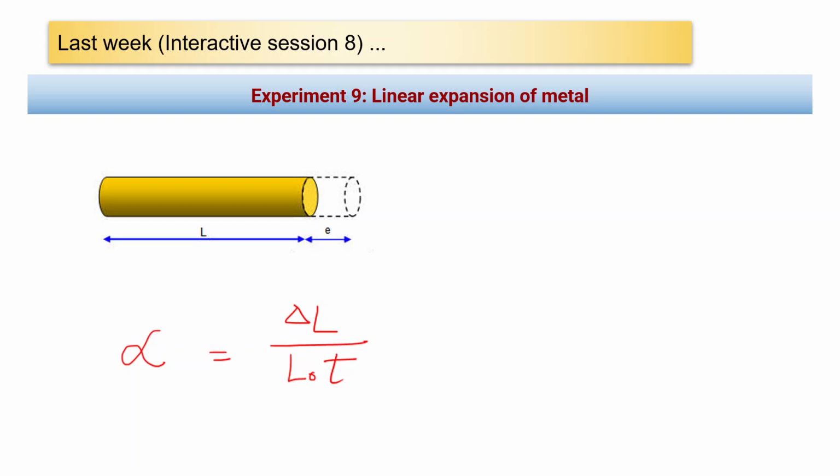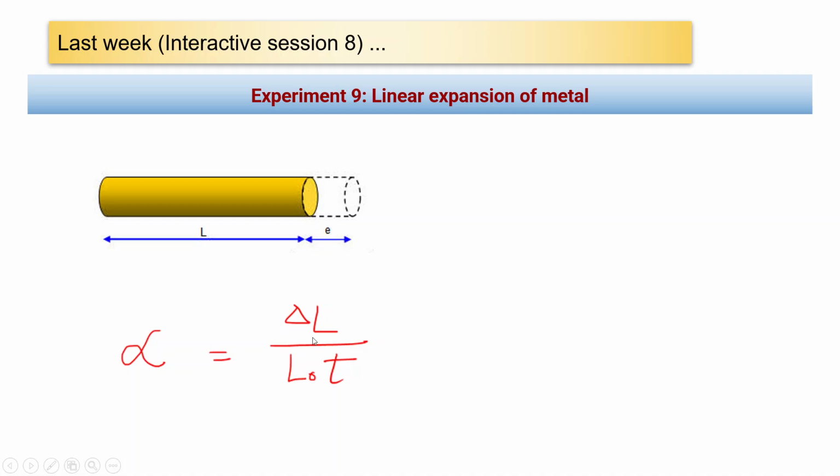Also, we understood the concept of linear expansion of metal and the constant denoted by alpha, which denotes the linear expansion. It is the linear thermal expansion coefficient, and it's given by this formula, where in the numerator it's the change in the length, and in the denominator it's the original length times the change in temperature.